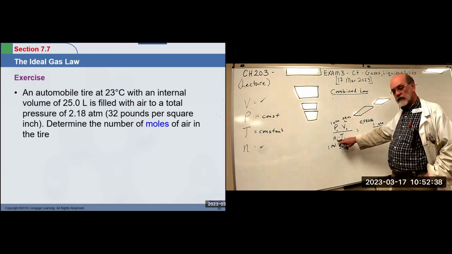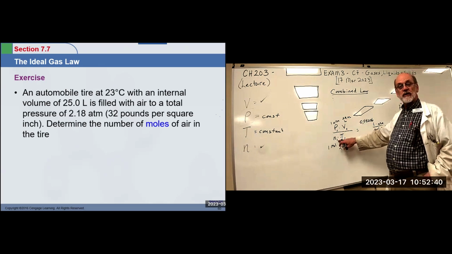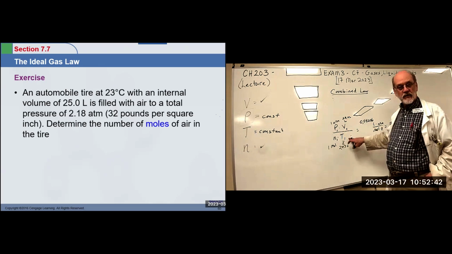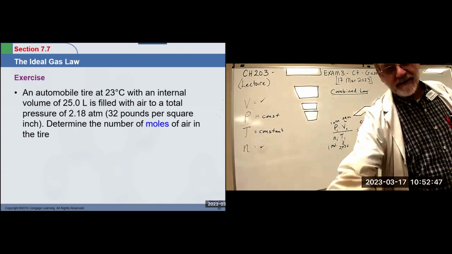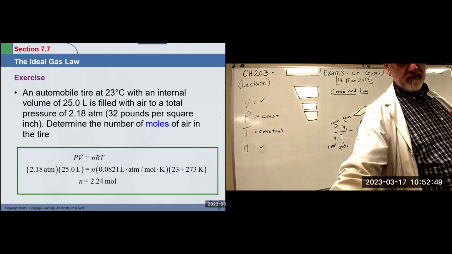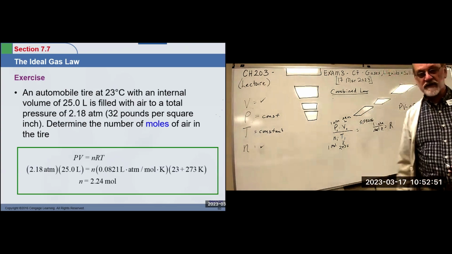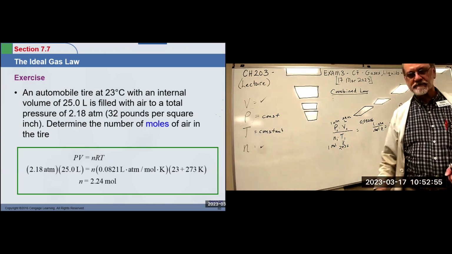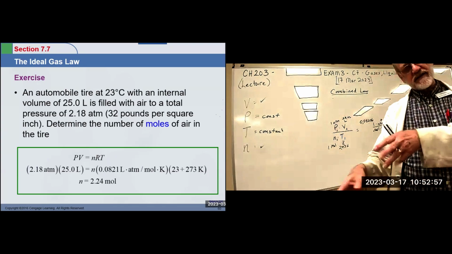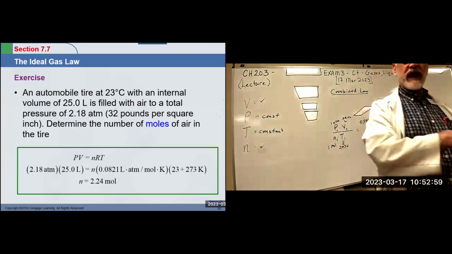We have moles? No, we want to determine the number of moles, and we have temperature. 23 degrees has to be converted to Kelvin. If we do that, then we can plug them into the formula and determine that the number of moles is 2.24 moles of gas in that tire. Now, this is a state situation versus a before and after.